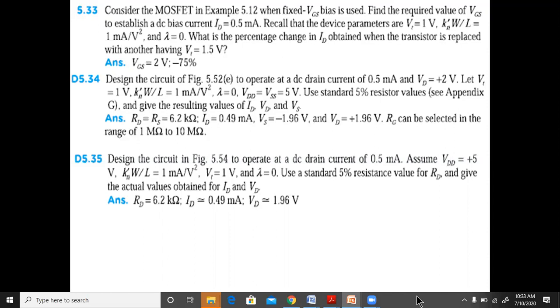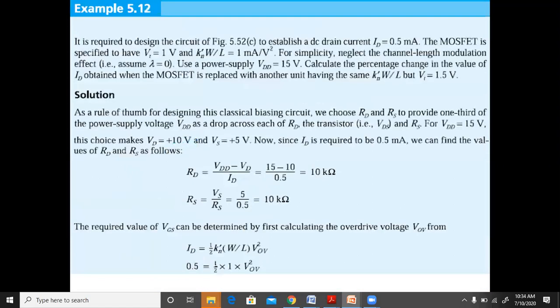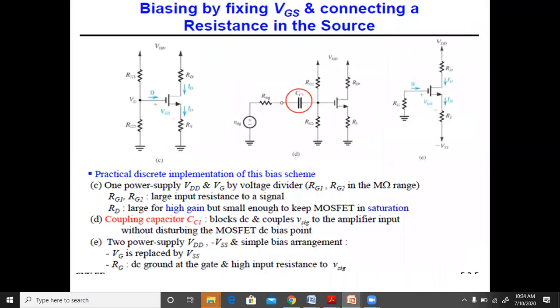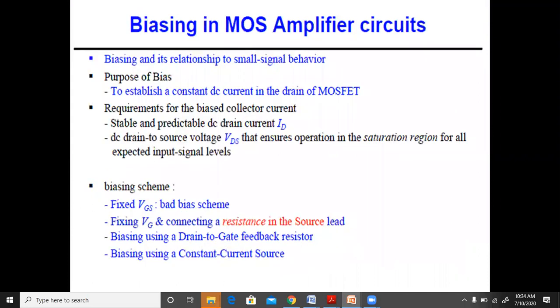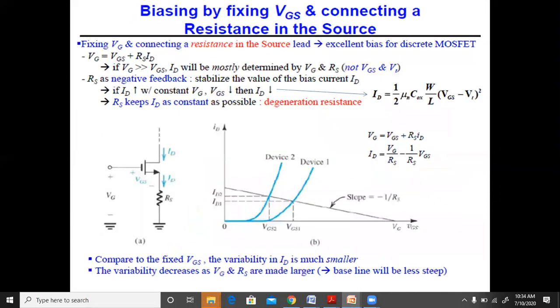The equation, if you see there, is 5.12 when fixed VGS bias is used. Fixed VGS bias just gives us the figure which corresponds to the one which is here. We have not shown it here. Fine, no problem.